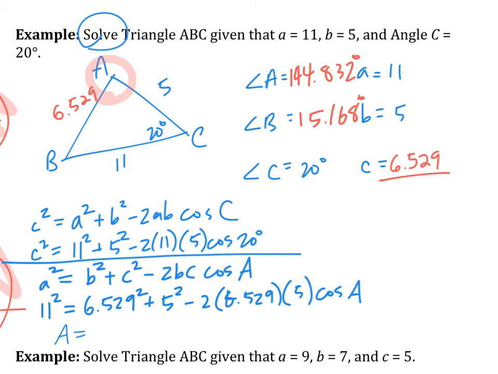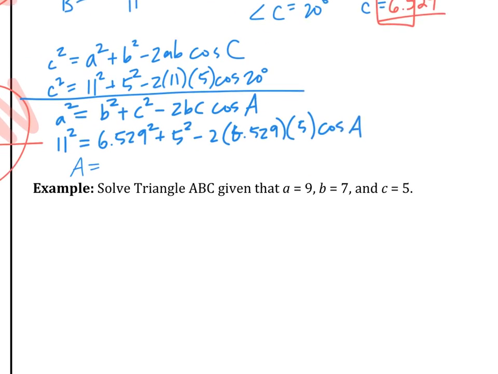So it really depends on how much you rounded and how early you rounded. If you use 6.5, truncating the 2.9, your numbers are going to be very different. So mine is actually 1 whole degree off. That's a lot for an angle. So round to the nearest thousandth.